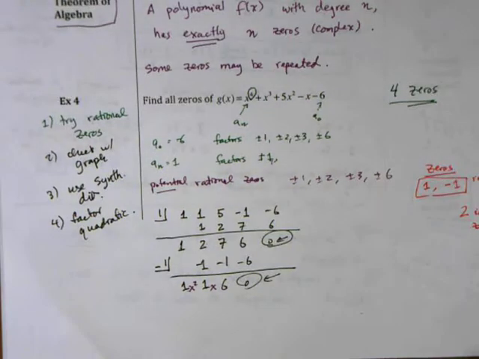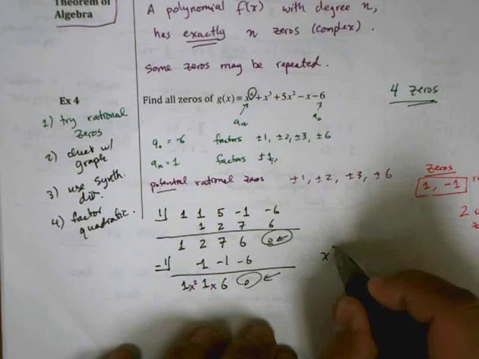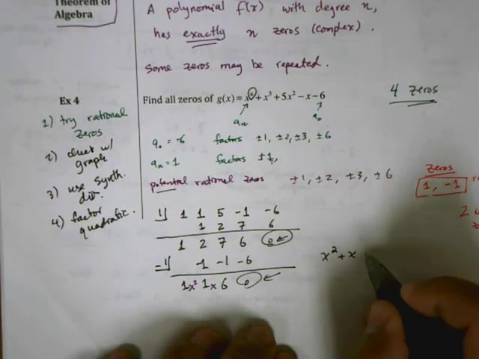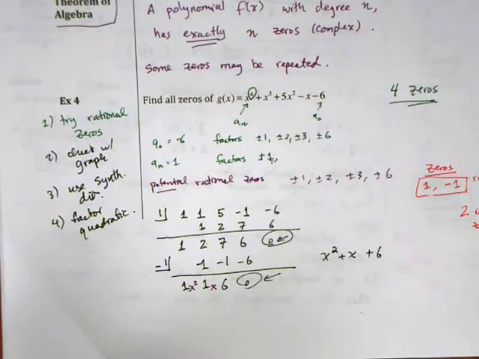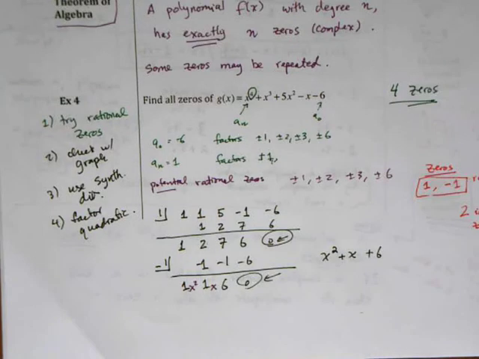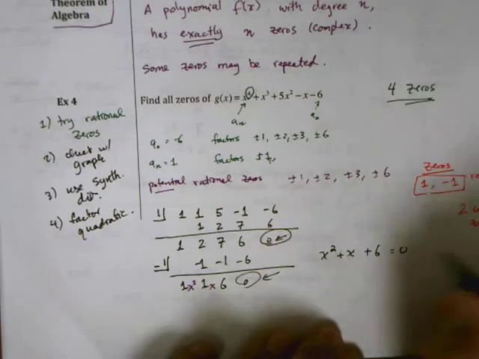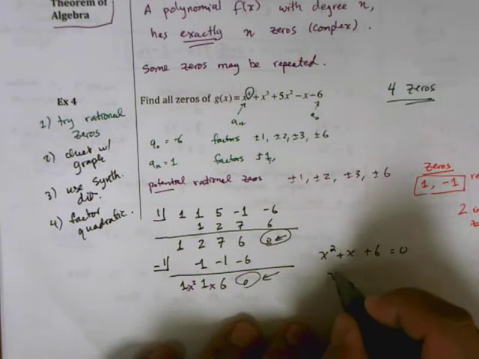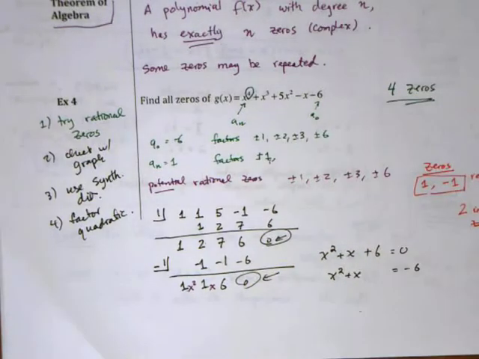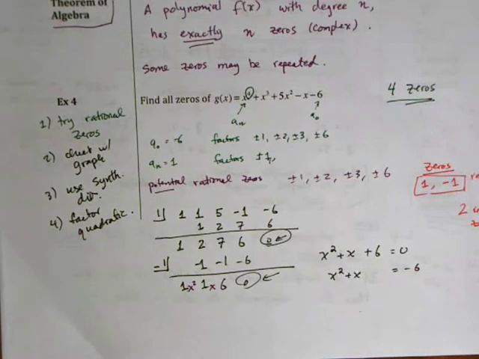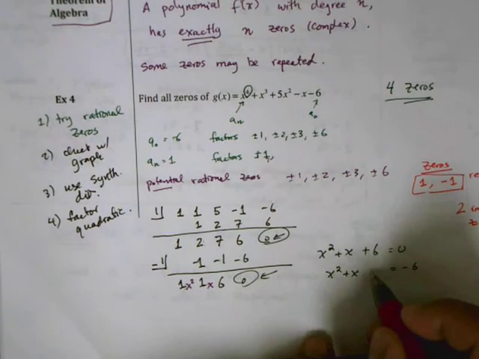This is x squared, right, plus x plus 6. So I think I'm going to factor this one using completing the square, just to mix things up a little bit. Move 6 to the other side. And remember, this term that goes in here is always b over 2.